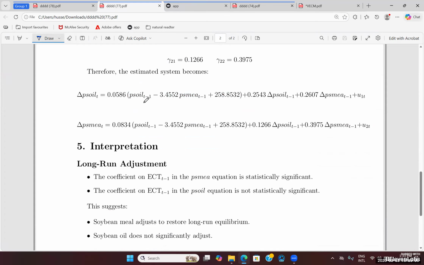What this then implies is that if you were to take into consideration the current price of soy oil, the current measurement shows minus 3.45 pertaining to the current market price of the essential soy meal commodity.